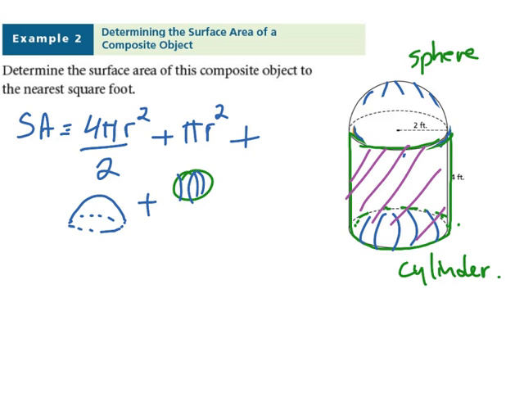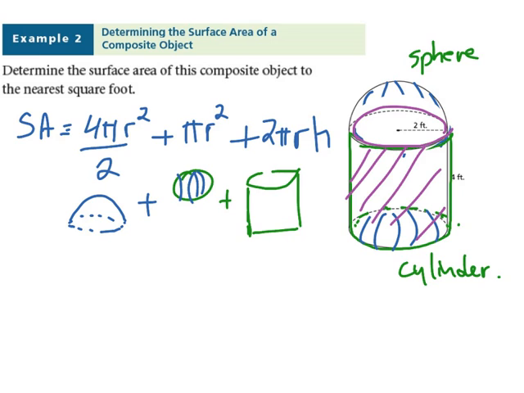It is the perimeter of the cylinder all around, which is 2 pi r, times the height of the cylinder. So I'm just going to redraw it for you, and it's this area right there. We're going to add these three different areas together to find our answer.